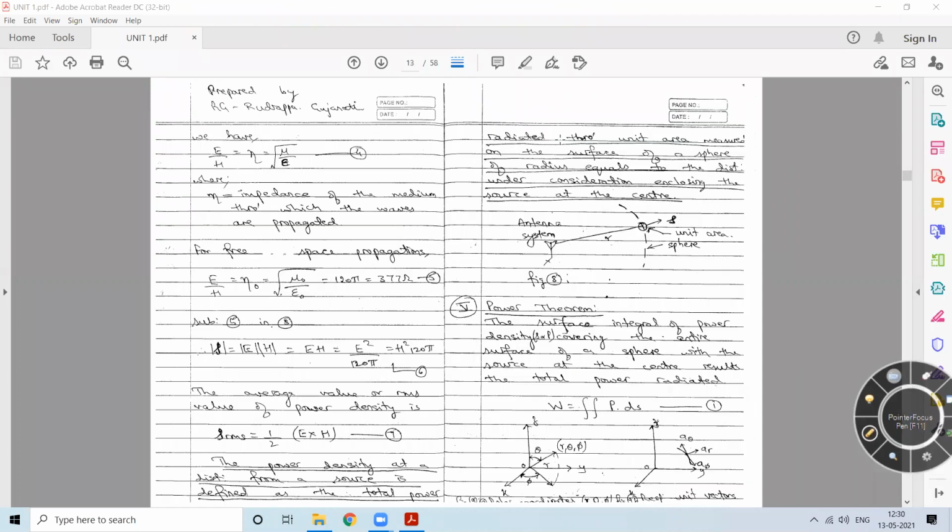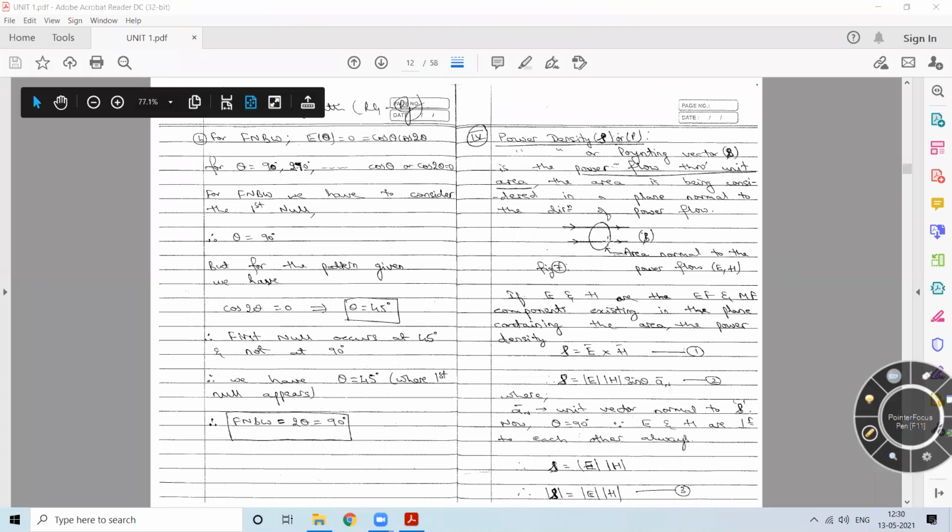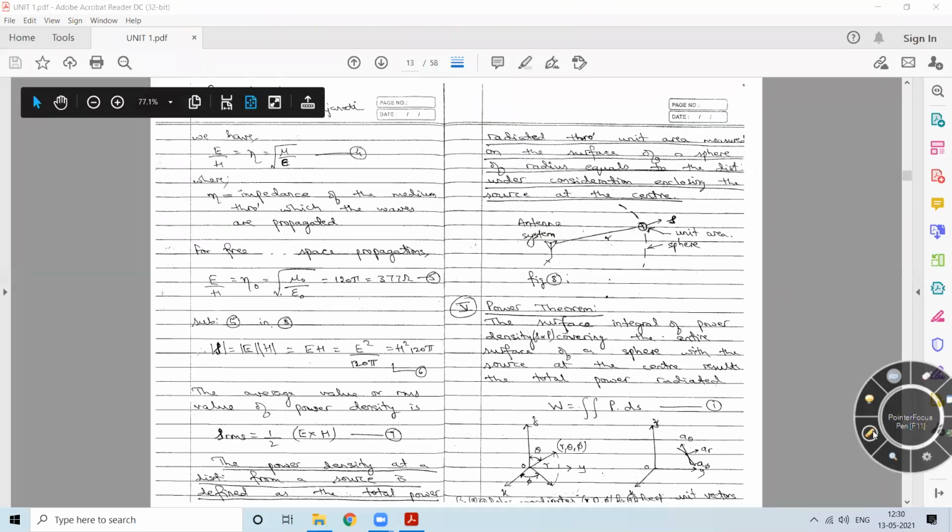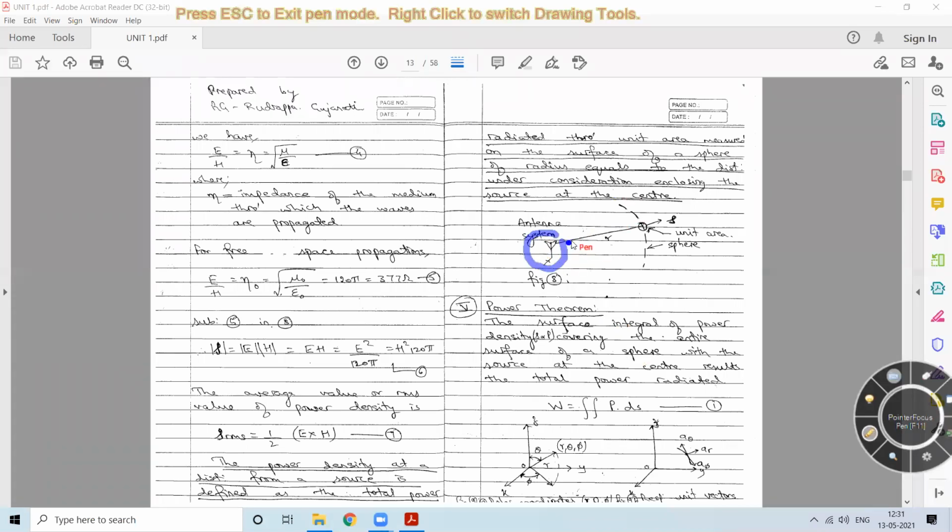Based on this parameter, we have the power theorem. As I mentioned, consider an antenna at the center of a sphere, and you are measuring those values at a distance of r. At a distance of r, it implies that this antenna is placed within a sphere of radius r.